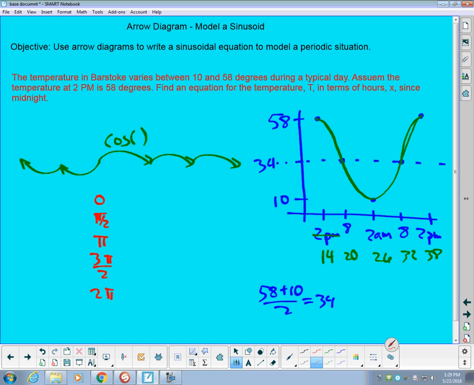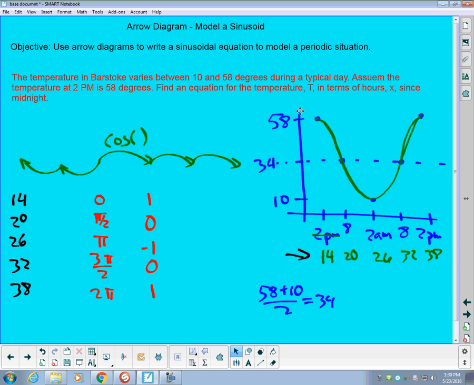And this is the high, middle, low, middle, high for cosine. And where we want these things to line up, we know from down here that the first high point is supposed to happen when the x is 14, and then 20, and then 26, 32, and 38.